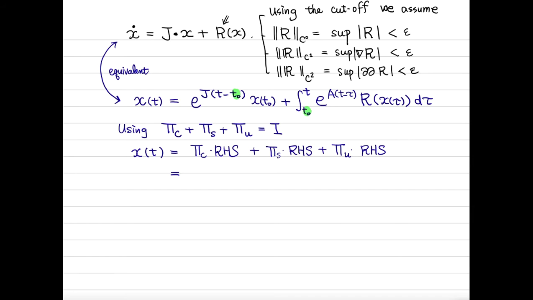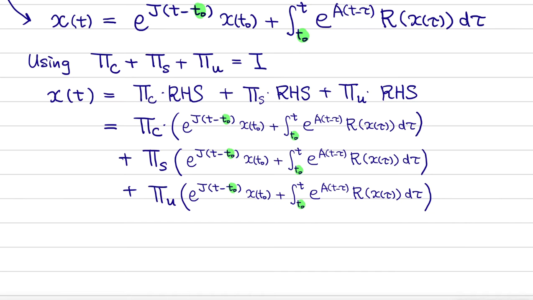Since t naught is our choice, we can choose a different t naught for each term. So here we call it tu, for the stable manifold ts, and for the center linear space we will use 0.